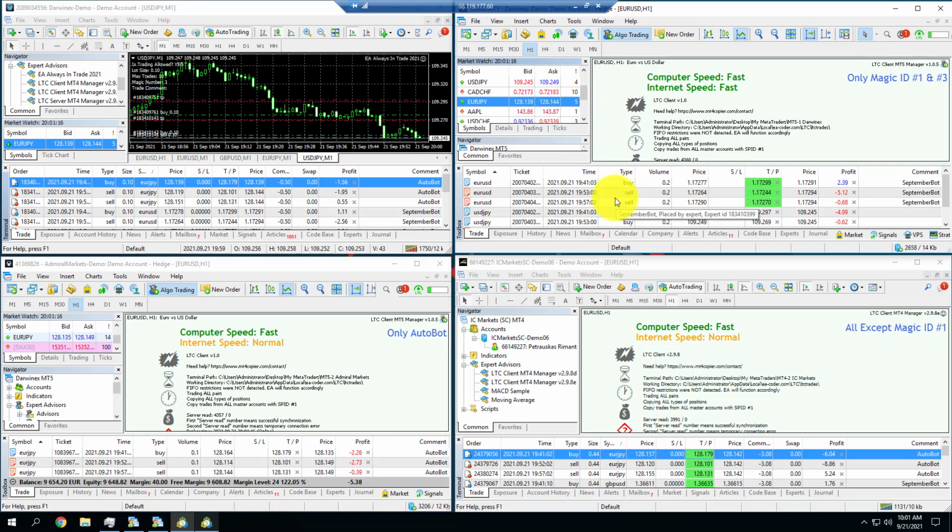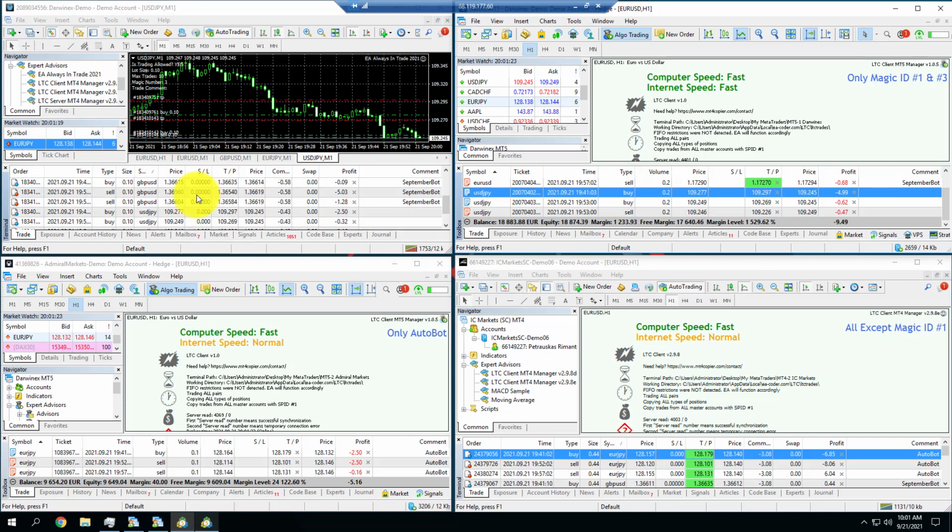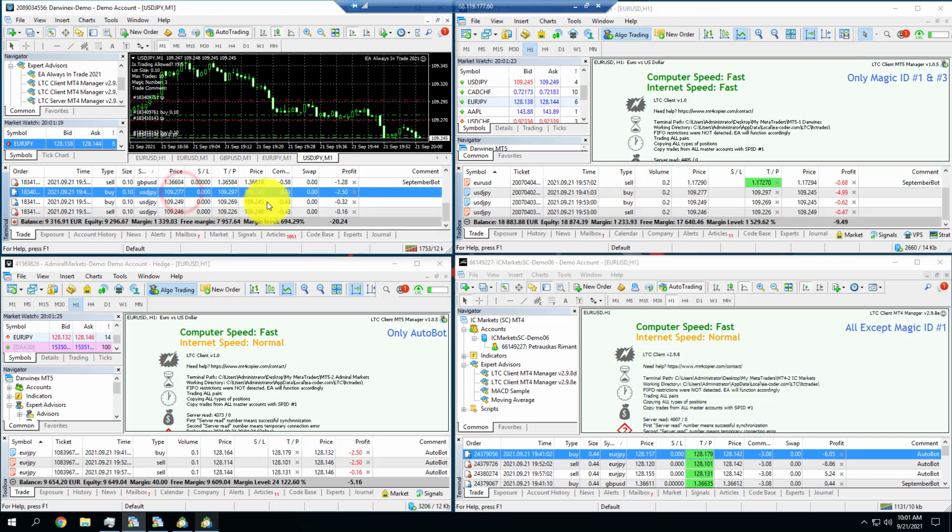Okay, I can compare euro yen there, but let's compare dollar yen. Okay, where is the dollar yen trade? Buy and buy. Let's see. We do have a difference a bit.